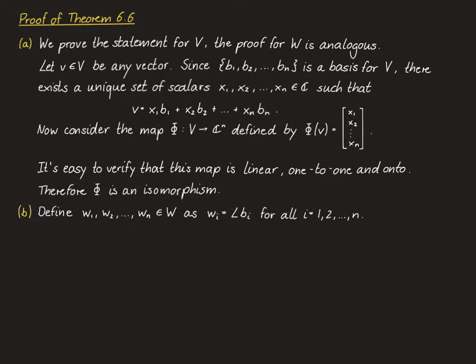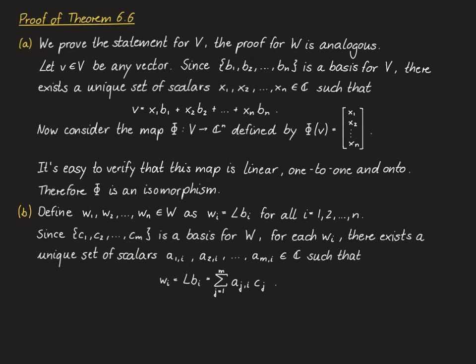For the proof of part B of theorem 6.6, we first define the vectors w1 through wn in the vector space W as wi equals the linear operator L of the basis vectors bi for all i from 1 to n.